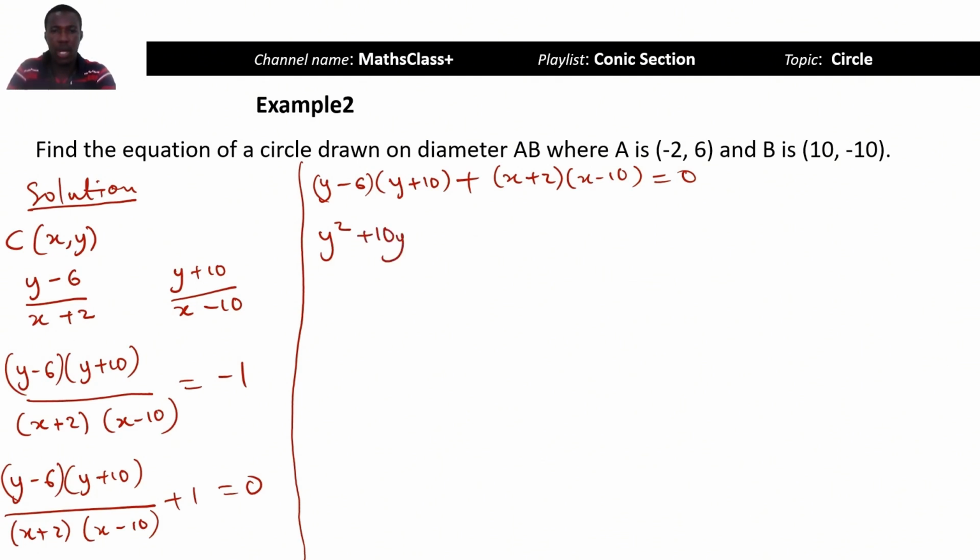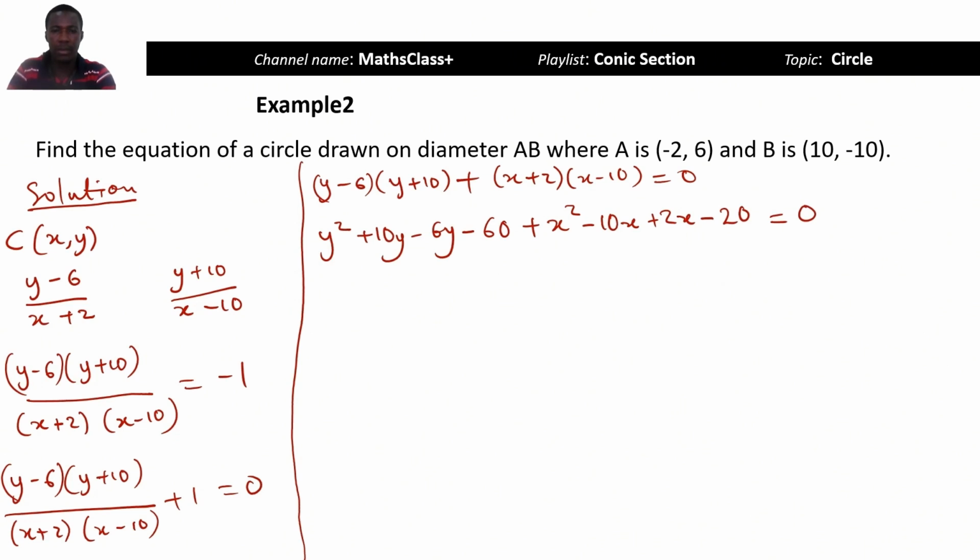Negative 6 times y will be minus 6y. Negative 6 times 10 will be minus 60. x times x will give us x squared. x times negative 10 will be minus 10x. 2 times x will be plus 2x. And then 2 times negative 10 will be minus 20, which is equal to 0.